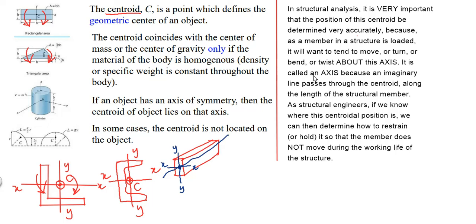It is called an axis, that line there, because it is an imaginary line. Why? Because we can't see the x-axis and the y-axis, it's in our mind's eye. It passes through the centroid along the length of the structural member, from there to the other end at the back.